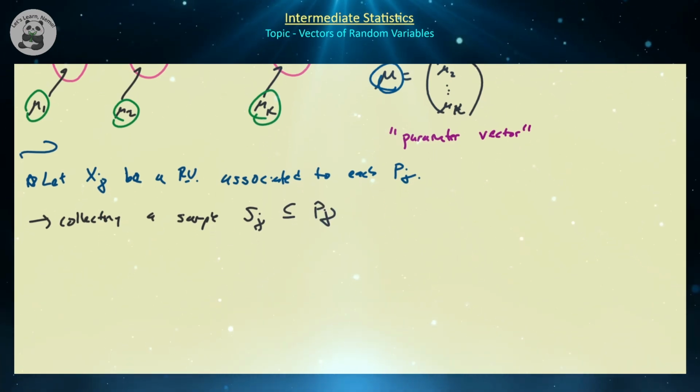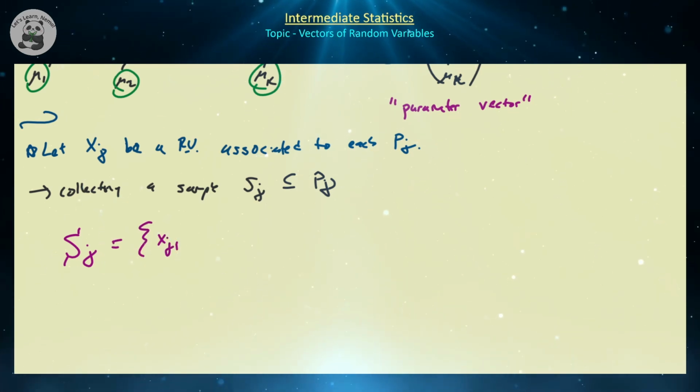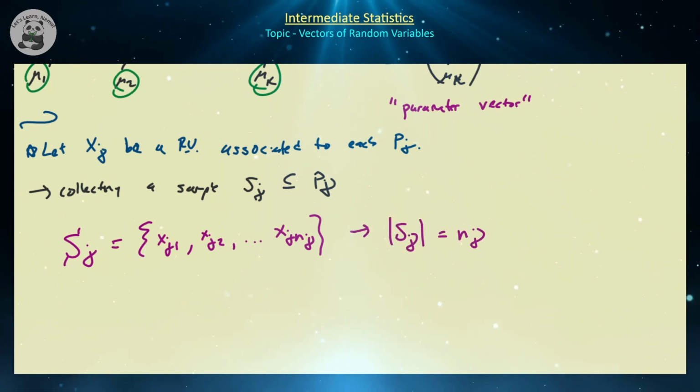Each of those samples is going to have some structure. For example, we have the first element of Sj, which we represent by Xj1, the second element of Sj, Xj2, all the way out to the nth element of Sj, which we represent as Xj nj, where the size of the sample is nj.